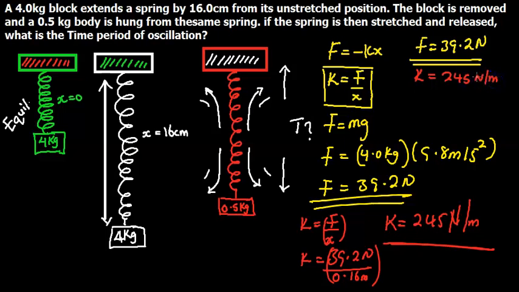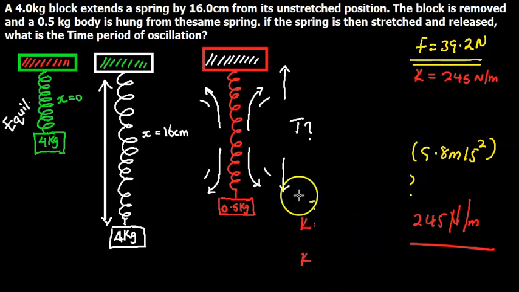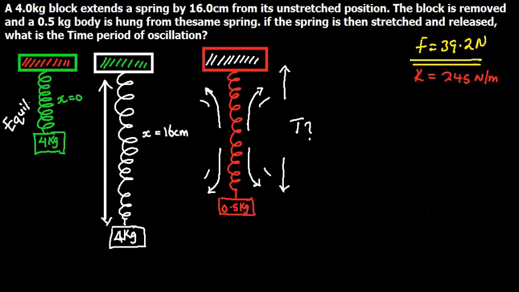So now for the 0.5 kg body, we have found our spring constant.